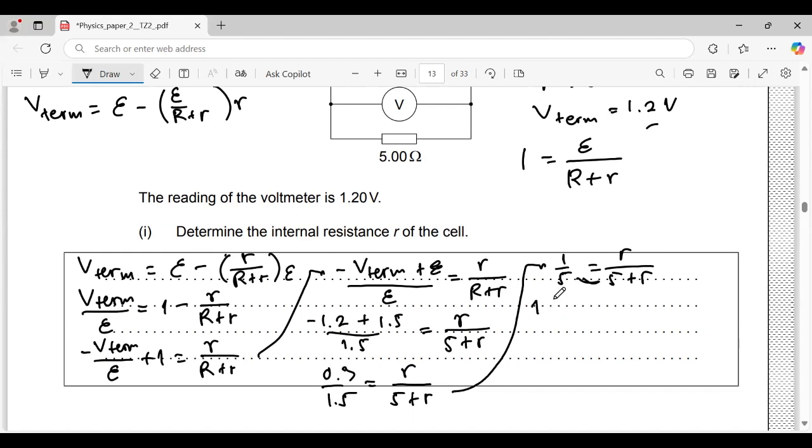It becomes 1 plus 1 over 5 r equals r, or r minus 1 over 5 r equals 1. 5 minus 1 is 4, so 4 over 5 r equals 1. So r equals 1 times 5 over 4, which is 1.25, and the unit is ohm.